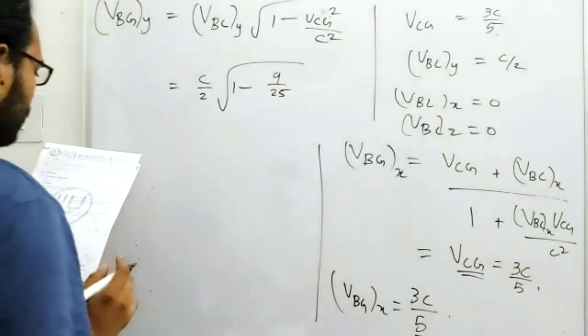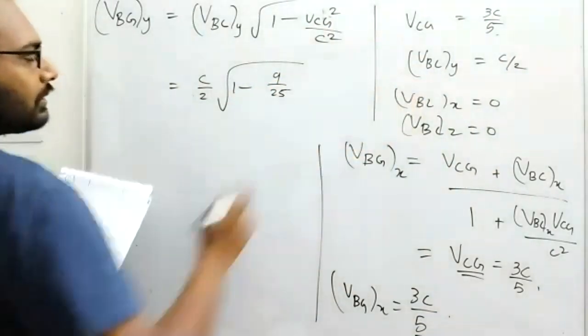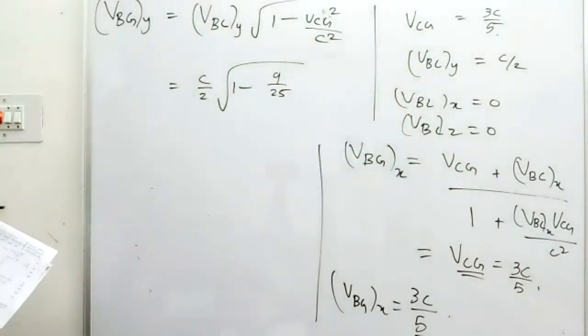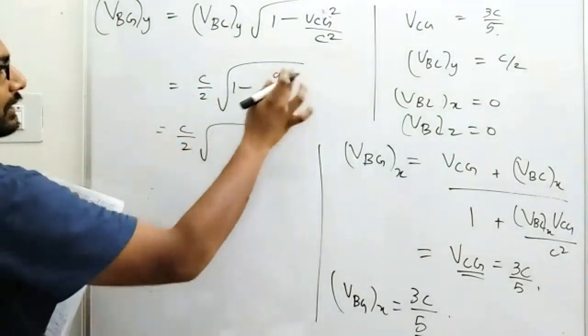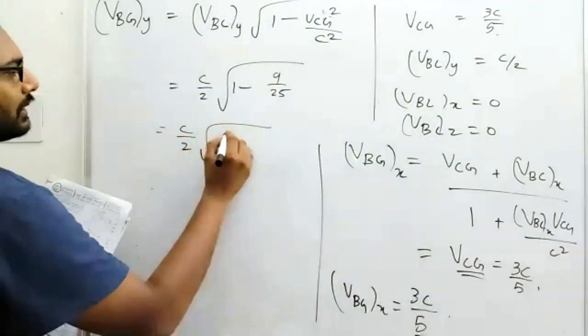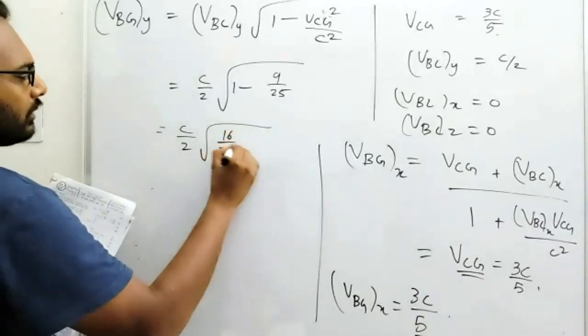The c square and c square get cancelled. So this is c by 2 square root of 25 minus 9, which is 16, so it becomes 16 by 25.